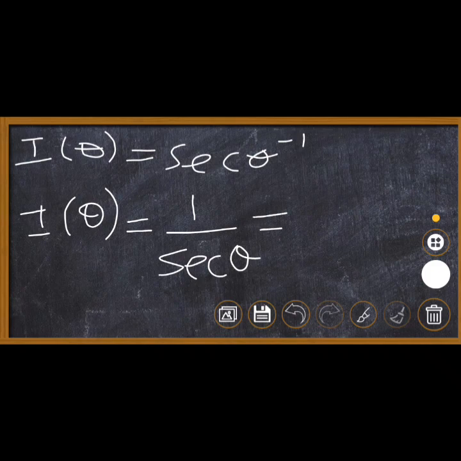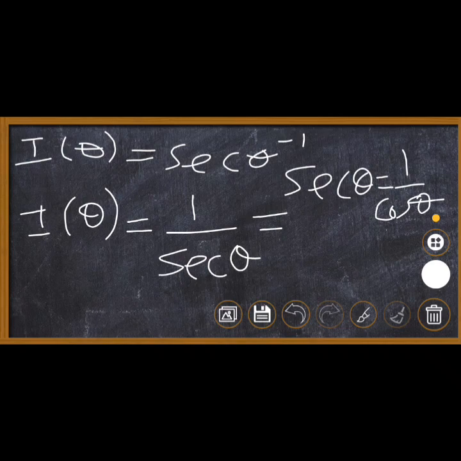We know that sec theta is the same as 1 over cos theta, according to the trigonometric rules. So sec theta is always 1 over cos. Then cosec theta is 1 over what? Sine. Then cot theta is 1 over tan. So make sure that you take note of those values.